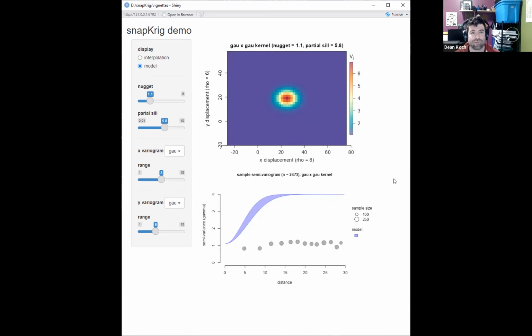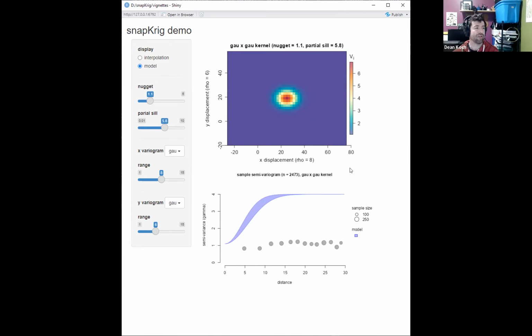It's doing this because we've specified a covariance model where every point is spatially dependent on its surroundings. And this plot is showing exactly what covariance we're assigning to every point pair. So, for example, if we consider the point in the very middle, this is showing us the covariance between that point and its surrounding points.